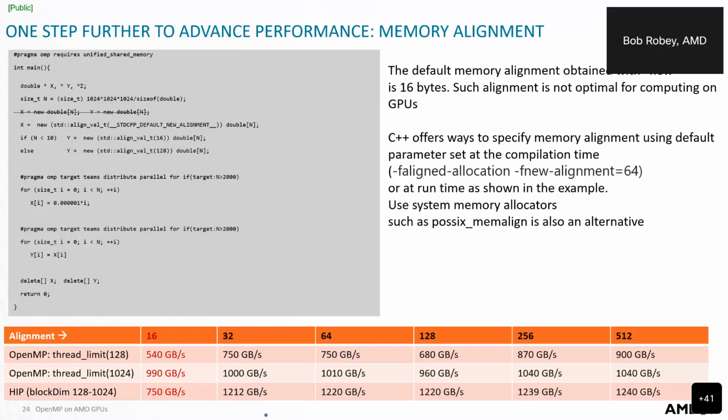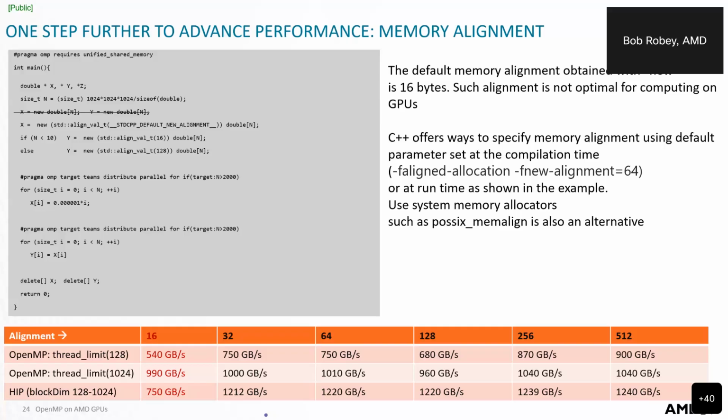So if you look at the bottom slide here, going from 16 to 64, we see with different OpenMP options, and even with HIP, you can see that we're getting a boost in the bandwidth performance of the system. So this is a general hint for GPU coding.